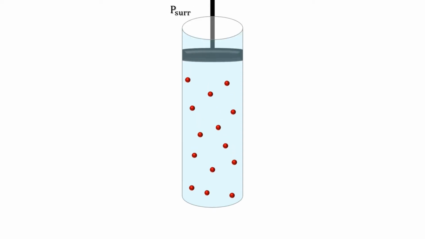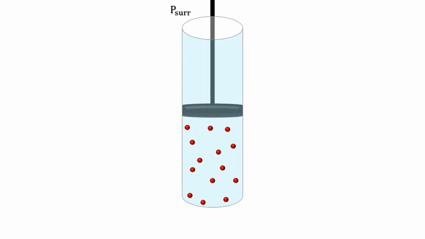As soon as I plug the piston into the system, the air from the atmosphere gets trapped inside the system, and the air particles create a pressure inside the cylinder, P cylinder, that is the pressure inside the cylinder.